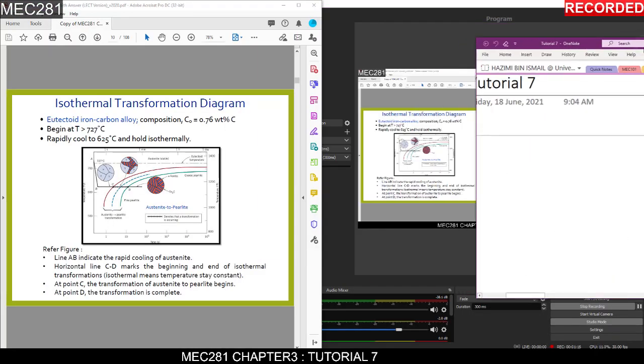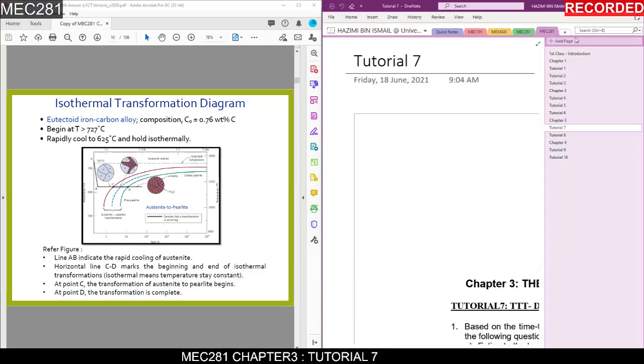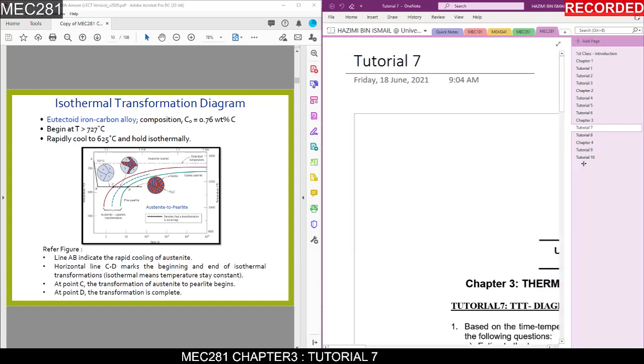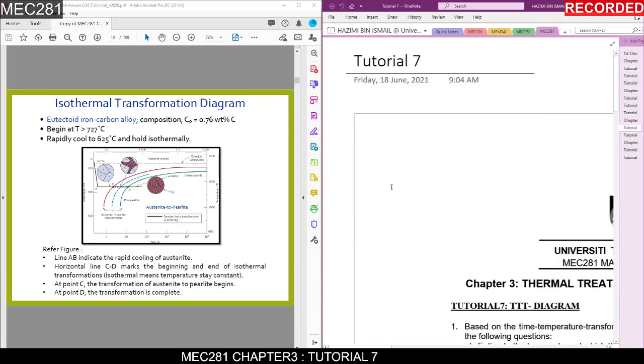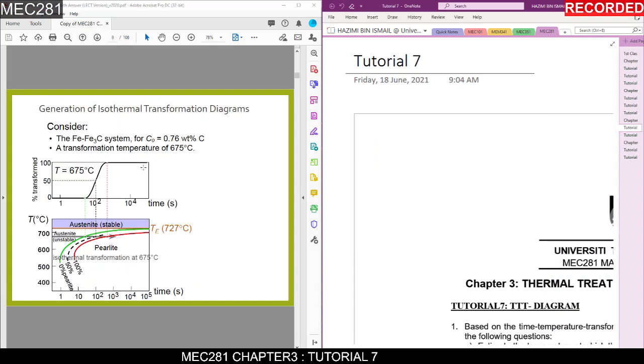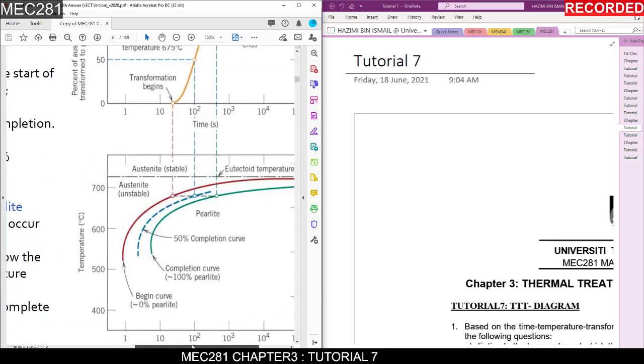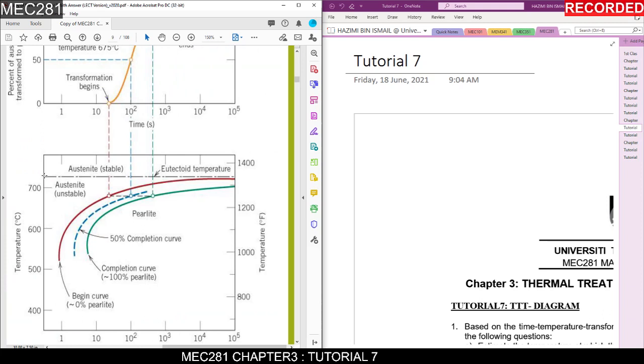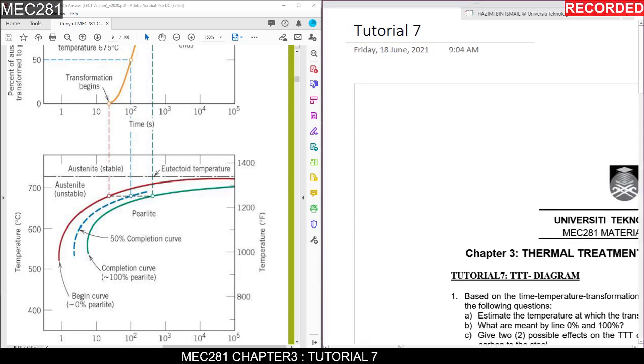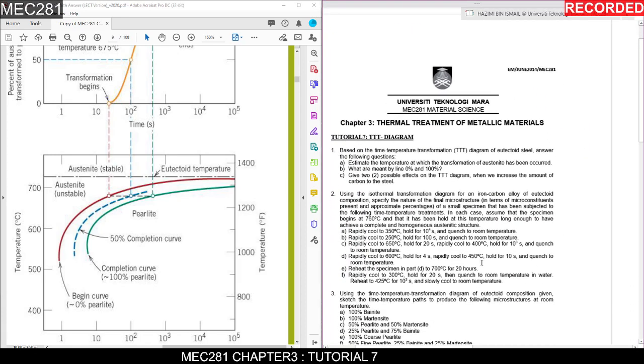Based on the isothermal TTT diagram, it is just slightly above the nose temperature, which is maybe around 750 from this diagram, and the accurate answer for our tutorial is 730.